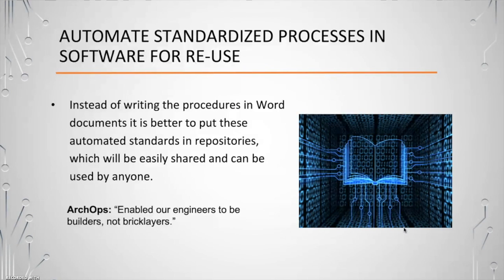Automate standardized processes in software for reuse. Most of the time, processes are created in Word documents and stored in files so that people can use them whenever necessary. But sometimes those documents are lost, people can't find where they are stored, or many people can modify them by accident. One way to improve this is to create the code and procedures in repositories like those used by GitHub.